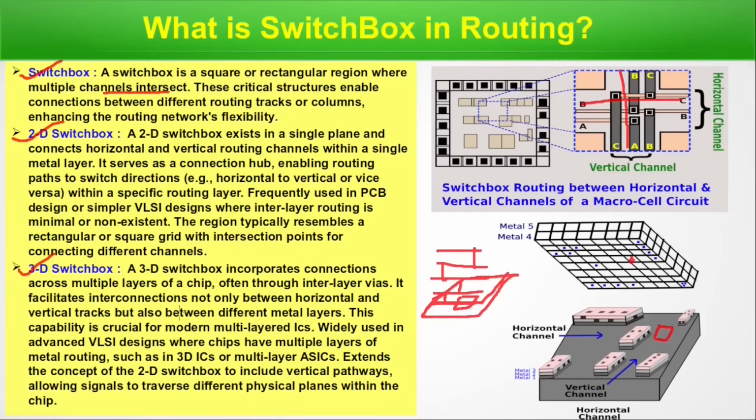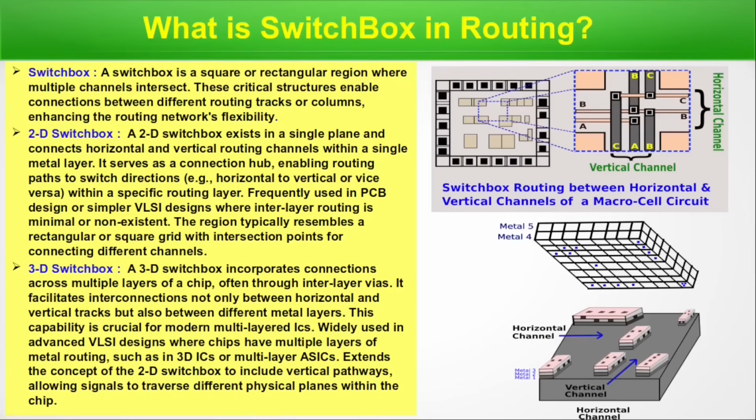This capability is crucial for modern multi-layer ICs widely used in advanced VLSI designs where chips have multiple layers of metal routing, such as in 3D ICs or multi-layer ASICs. It extends the concept of 2D switchbox to include vertical pathways, allowing signals to traverse different physical planes within the chip. That is 3D switchbox. So we are done with this slide.